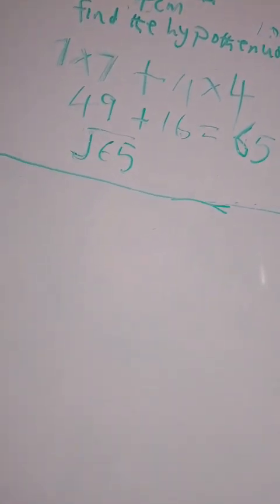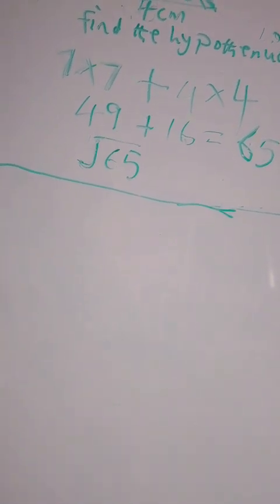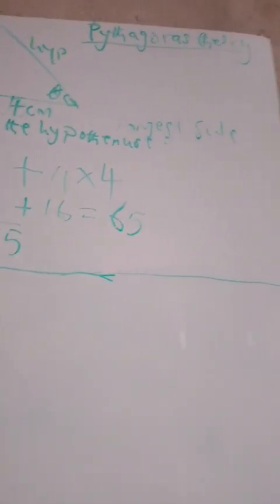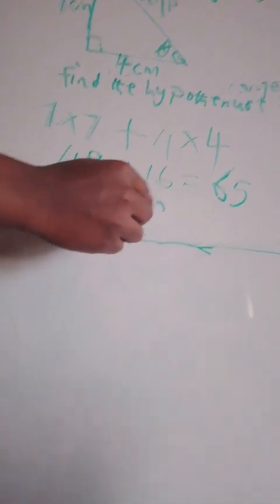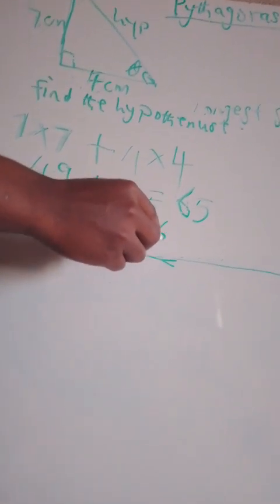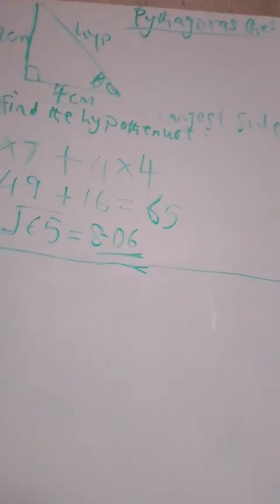Then you go to your calculator and type the square root of 65. This is what you're going to get: 8.06. So as you can see now, this is the final answer.